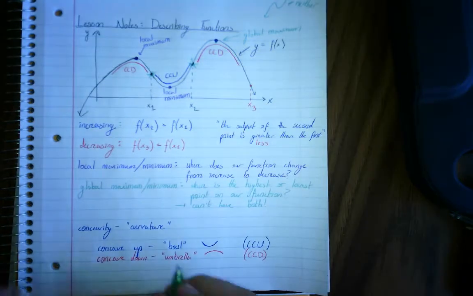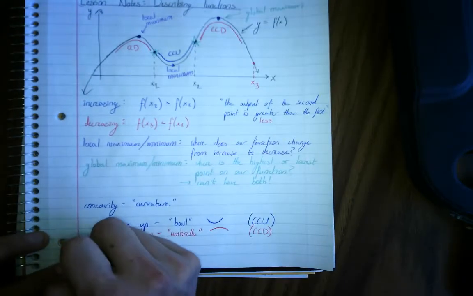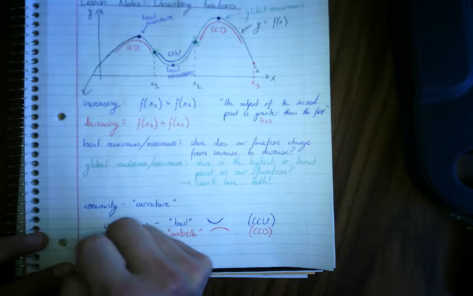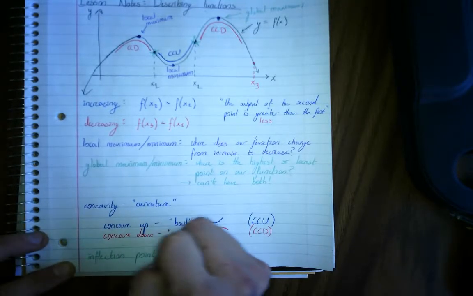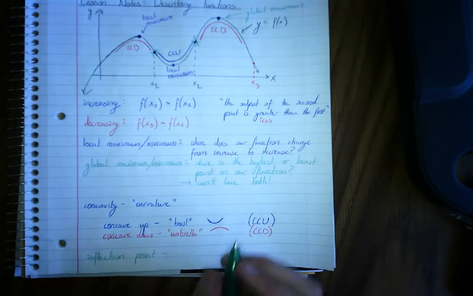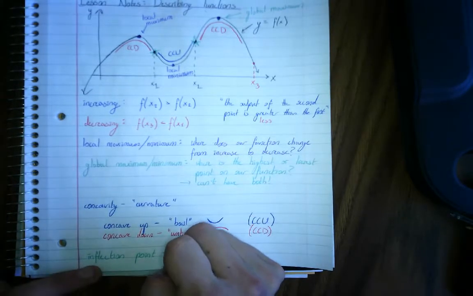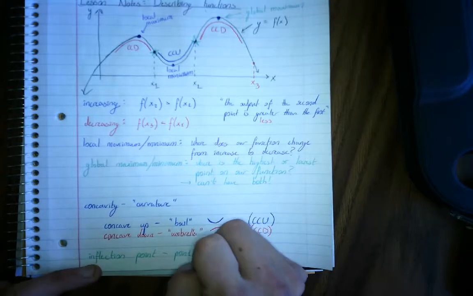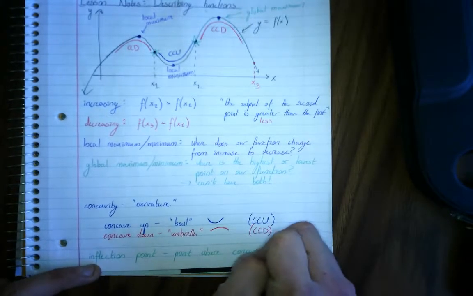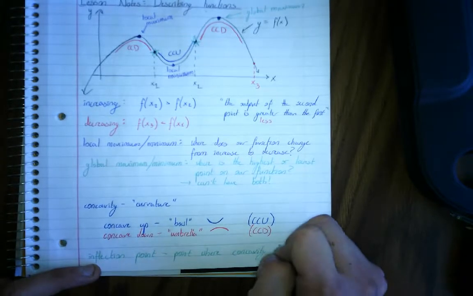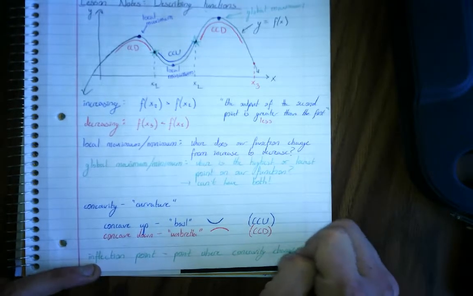So we can see the inflection point, this is called, as the point where concavity changes. Or the curvature of your function changes.